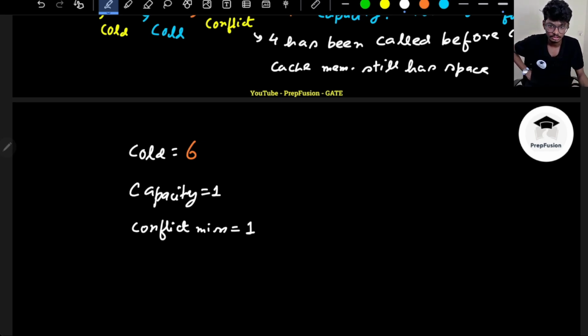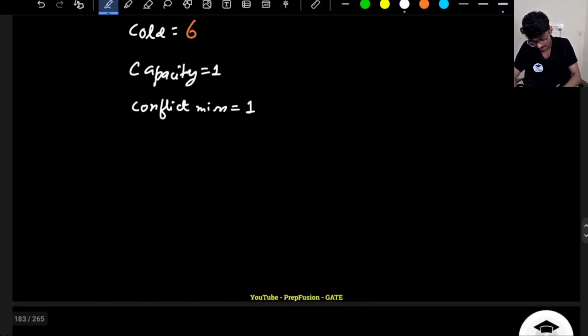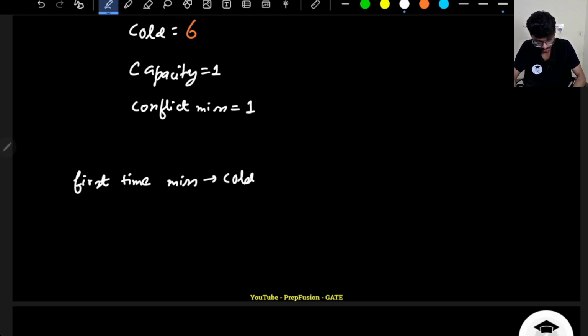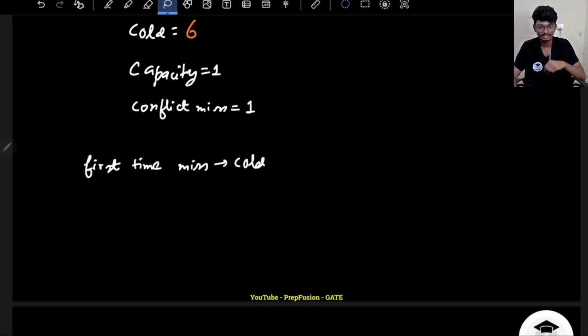I hope you have understood this part. Okay, so what is the conclusion? Conclusion is, if it is a first time miss of that same block, then it will be a cold miss. Otherwise it will be either a capacity or conflict miss.